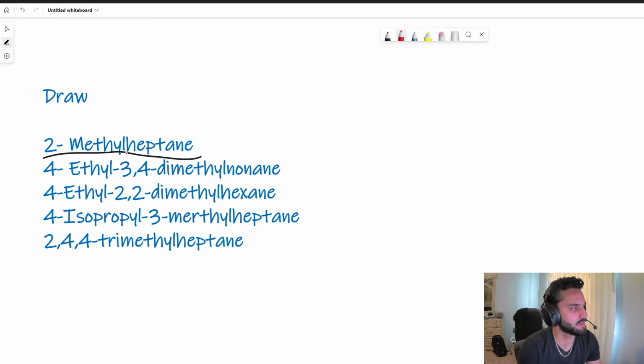It's usually given at the end of the name. So this is the longest chain, which is a heptane.